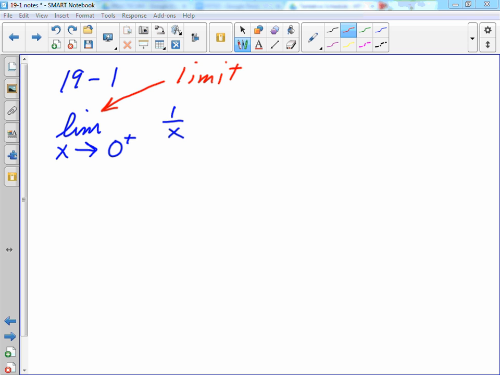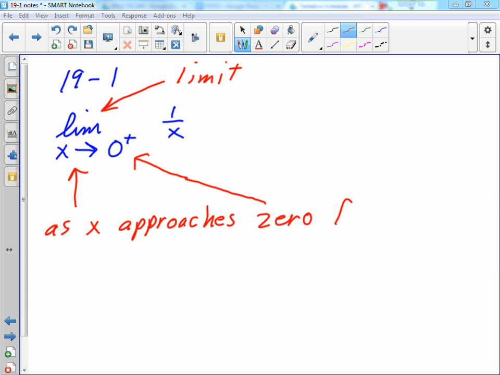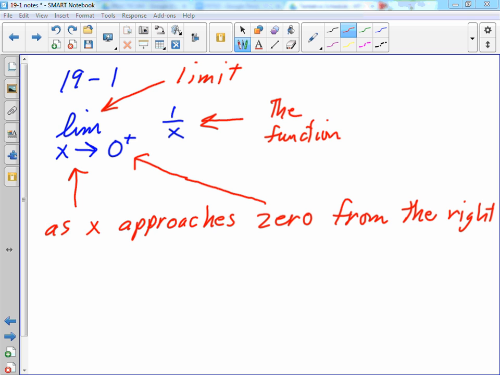So you'll see lim as x approaches 0 from the right, because it says the positive side, and this is the function 1 over x.